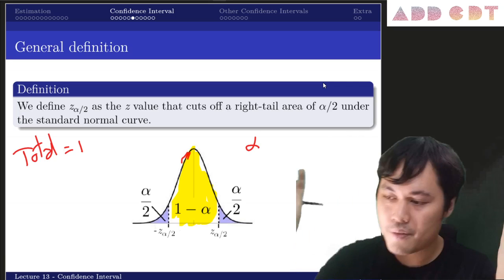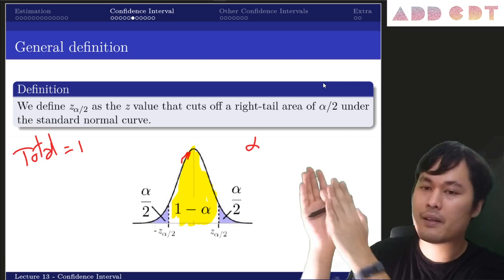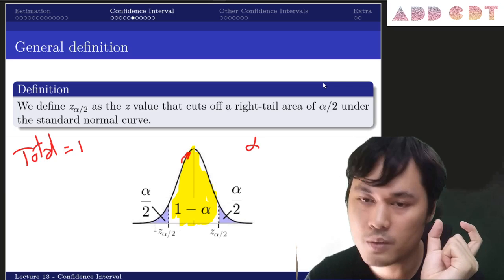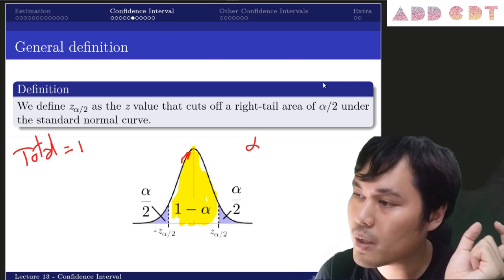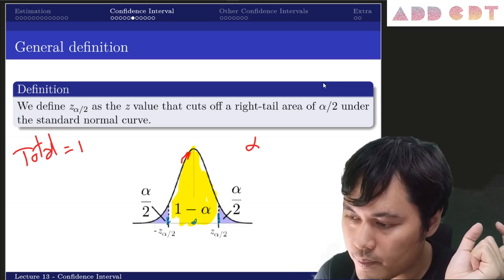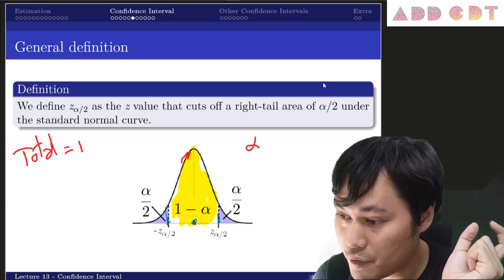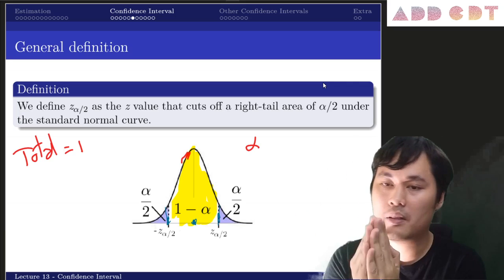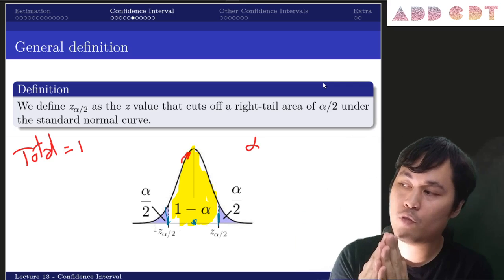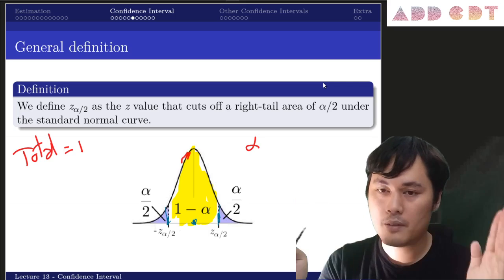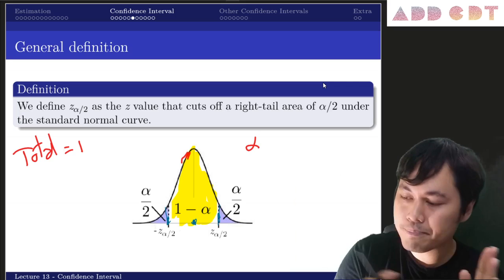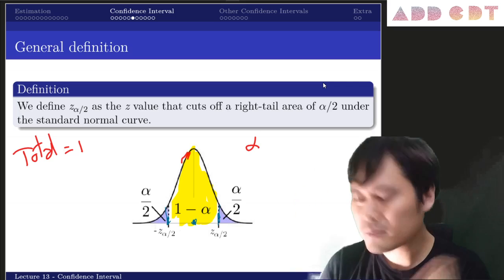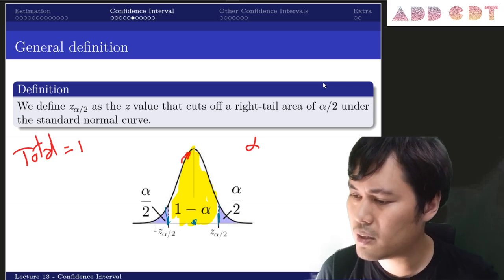And since for the rest we have 2 parts, it's not just 1 part. We have 2 parts, and we know that the size of each part is equal. Why? Because we choose these 2 points to be symmetric. If we choose points to the left and to the right at the same distance from the center, then the outside area of each part is going to be the same.